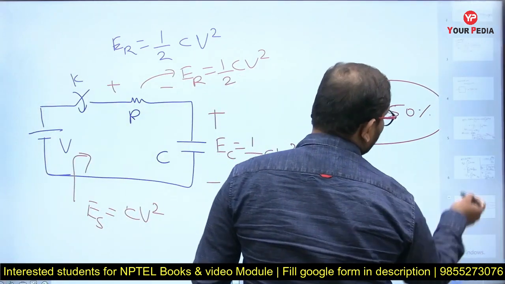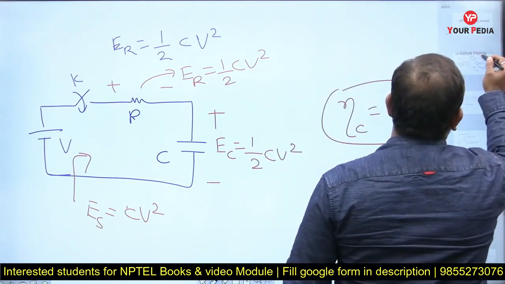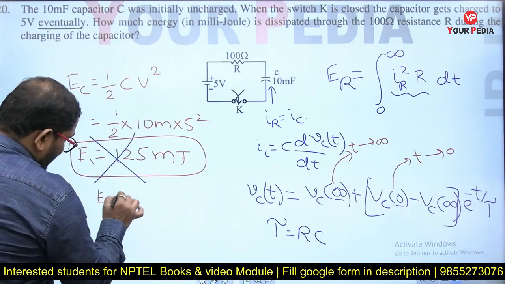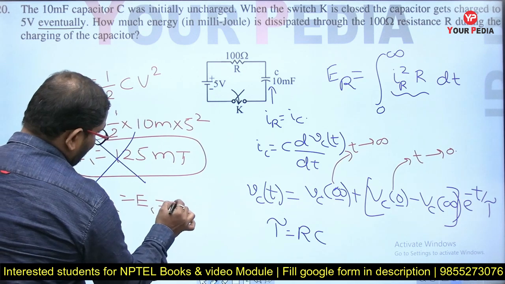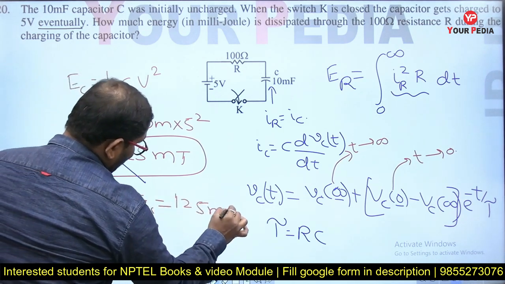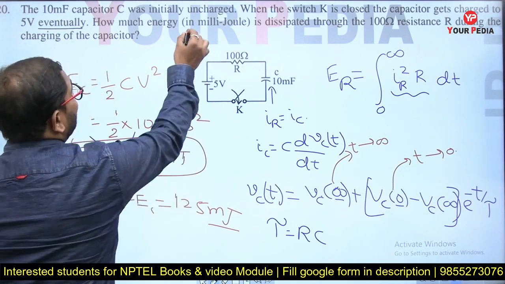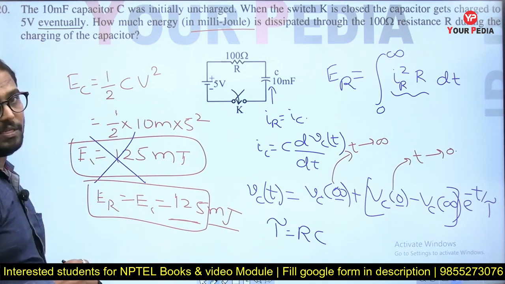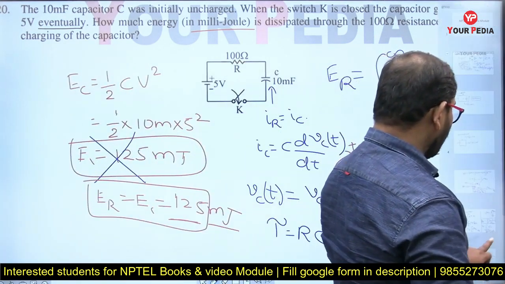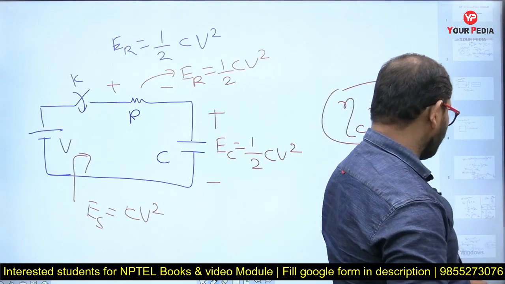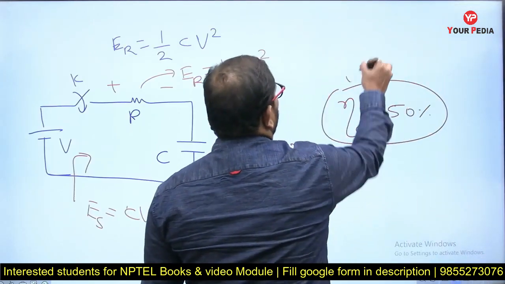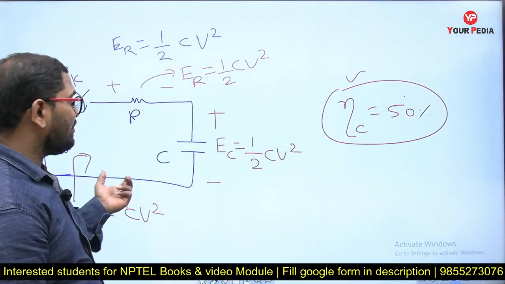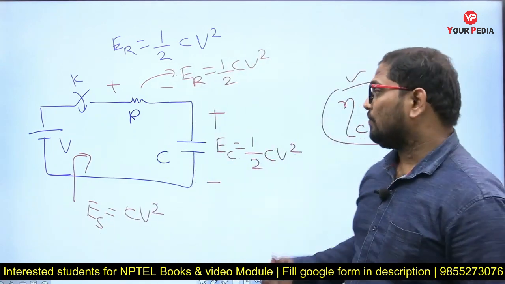The answer for this question is ER equal to EC, which is 125 millijoules, and millijoules is already given in the question. So 125 is the right answer. The additional data obtained from this circuit is its efficiency, 50% only.